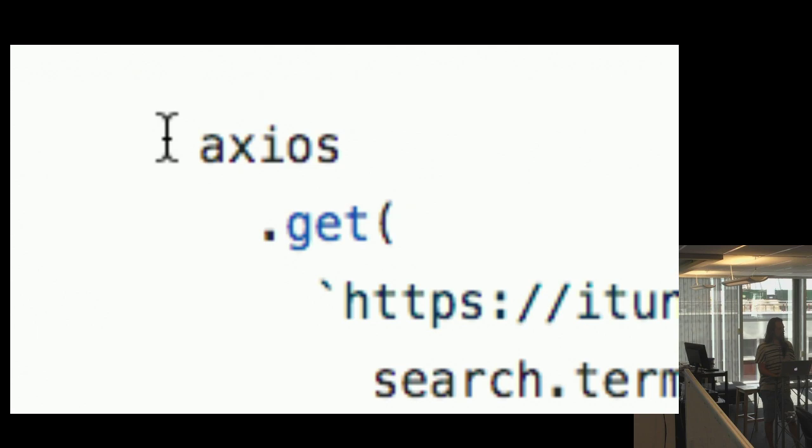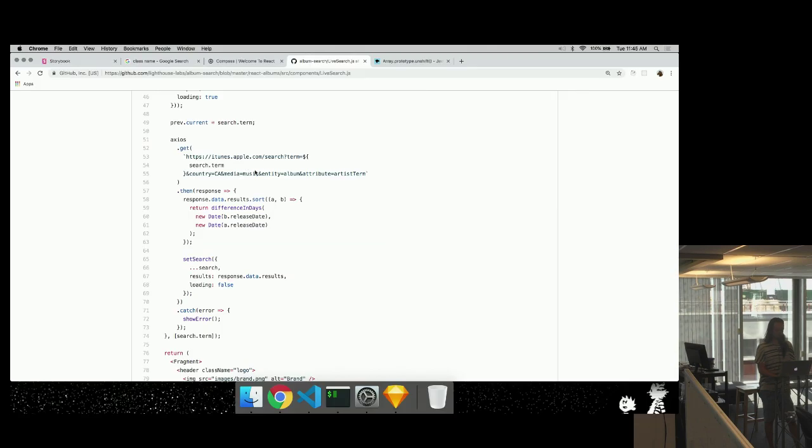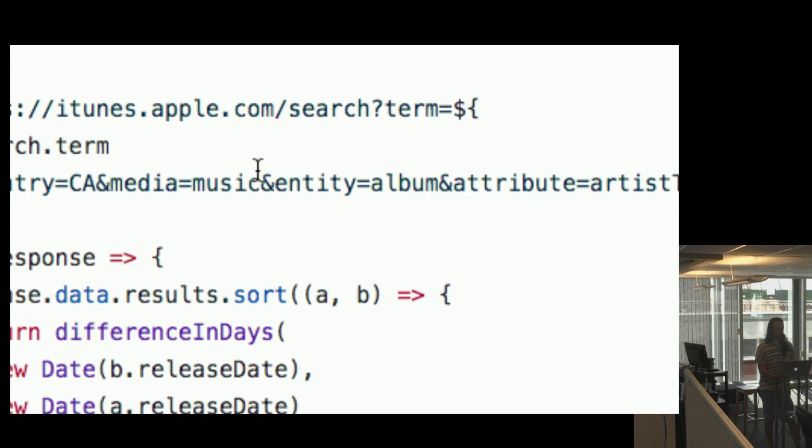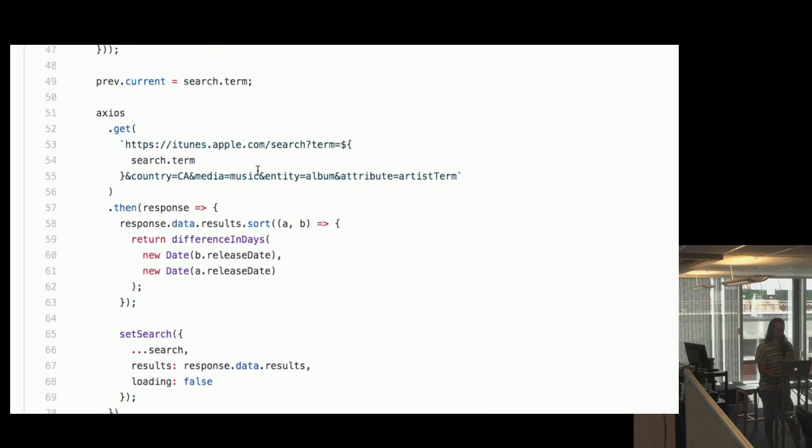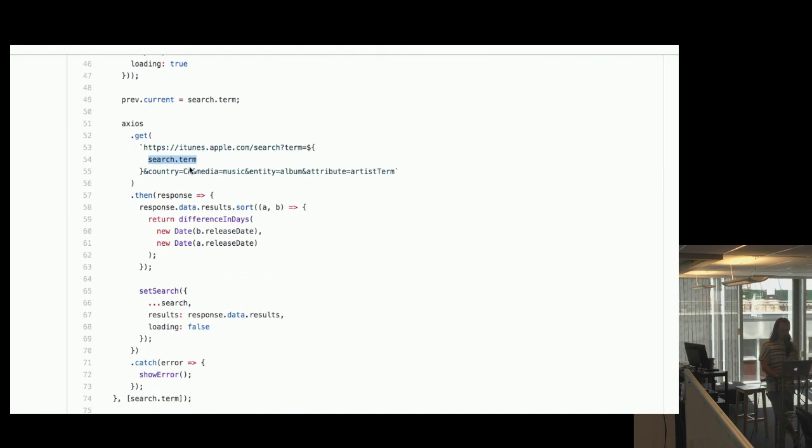This is what I want to do. I want to make an Axios request to iTunes.apple, and I want to be able to use my search term to make that request. And then when the request is completed, I want to set the state to update the results.